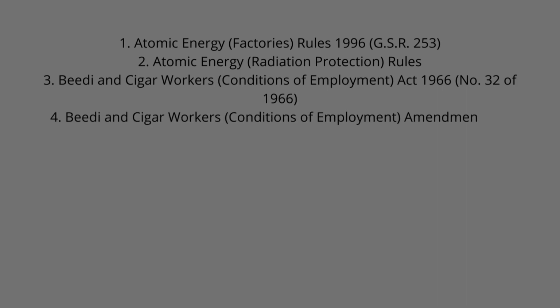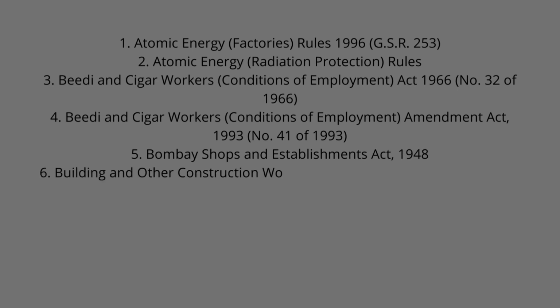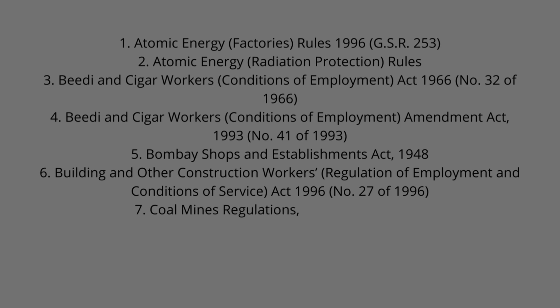The Atomic Energy Factories Rules 1996 and also the Atomic Energy Radiation Protection Rule. We all know that radiation has important health hazards, so these two rules relate to radiation protection. Then we come to the Bidi and Cigar Workers.